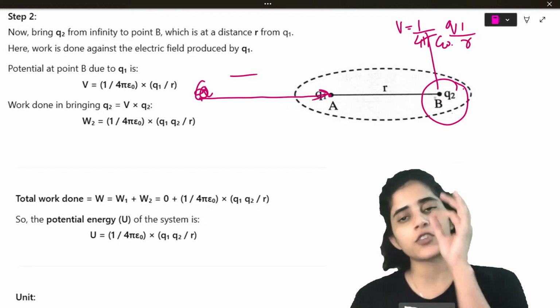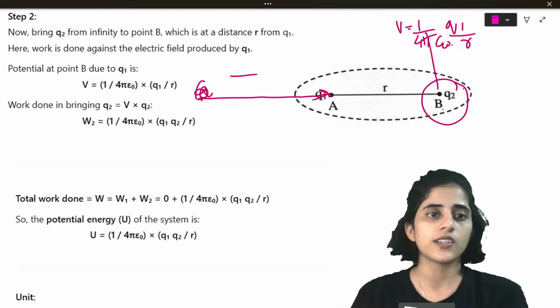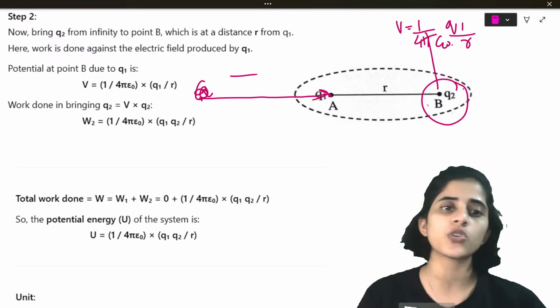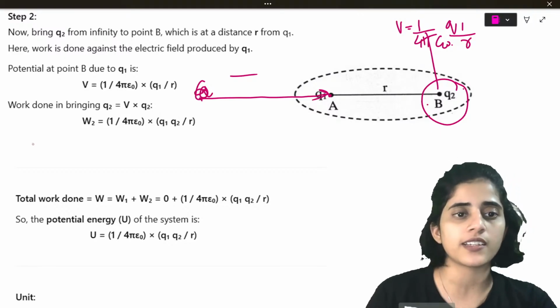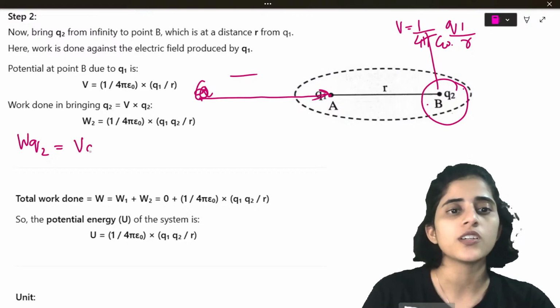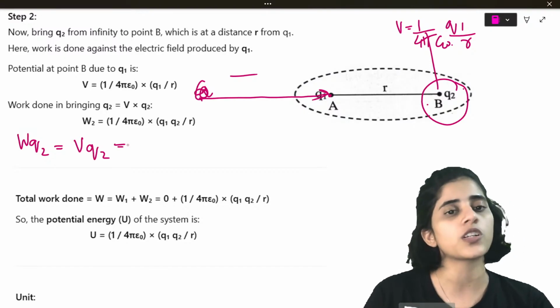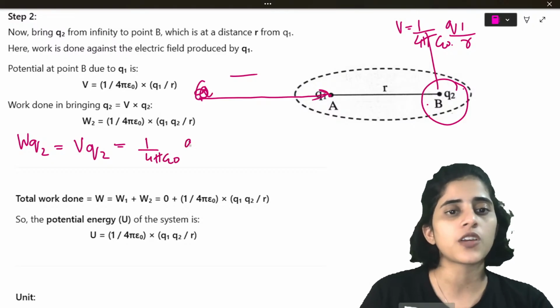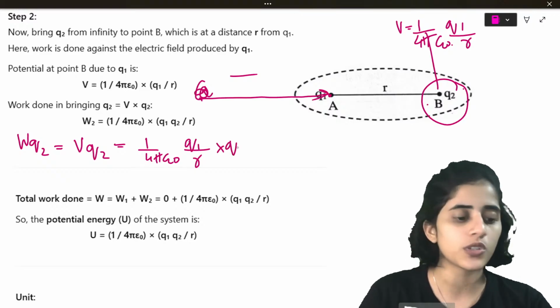Now, to bring Q2, the work done is the potential into Q2. So the work done in bringing Q2 is equal to V into Q2. What is V? 1 by 4 pi epsilon naught Q1 by R, into Q2.